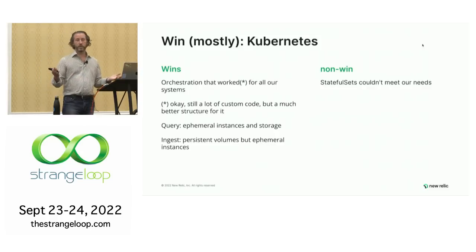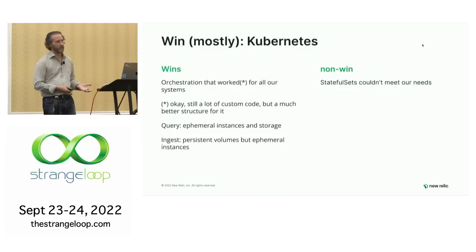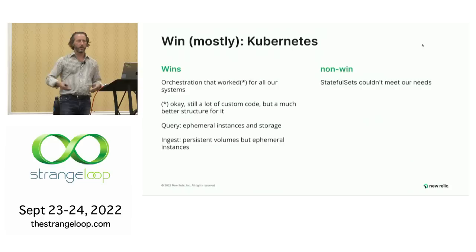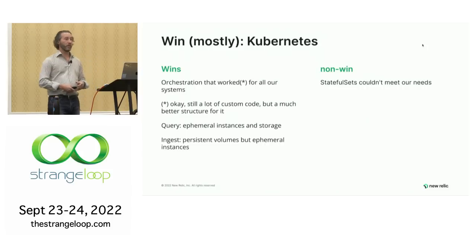So when we switched over to Kubernetes, this was actually nice. We could now deploy all of our systems, including our stateful systems, with the same orchestration and have much more standardization across the company, even for these stateful systems. We still have to do some customization. We have some CRDs and a pile of operator code, but we have a much better structure for doing it.